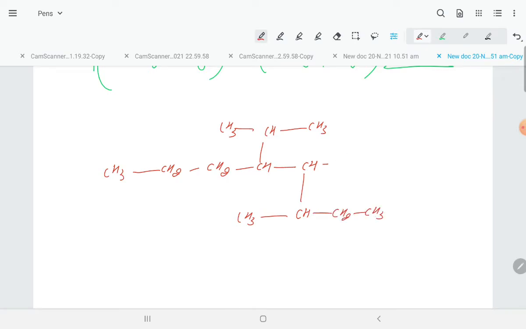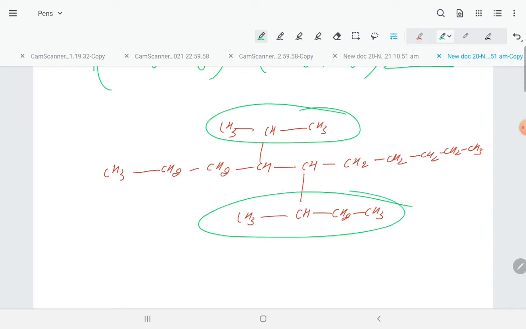Now the next one you see, student: CH2 CH2 again CH2, then CH2 and CH3. So here, friend, see this and this group are side chains. Whichever is coming first, we will write that name first. Here you can write the numbering 1 2 3 4 5 6 7 8 9 10. Okay, this is the only possible numbering, the other is not possible.